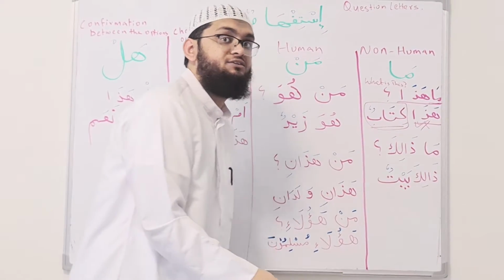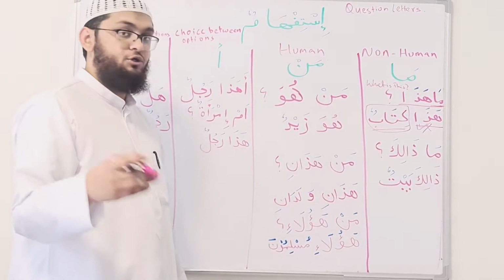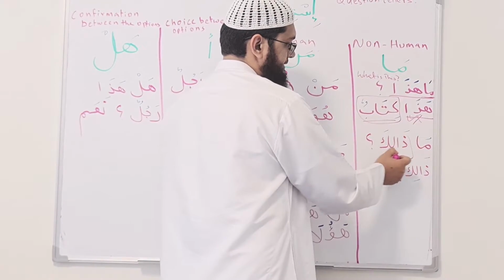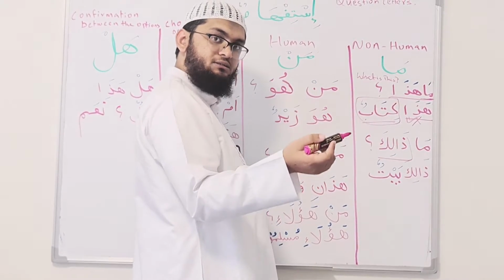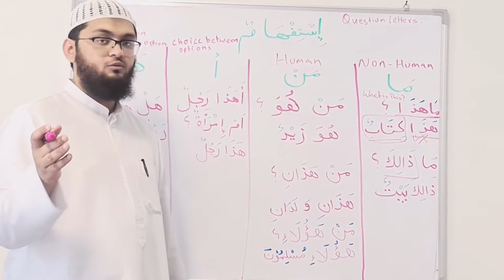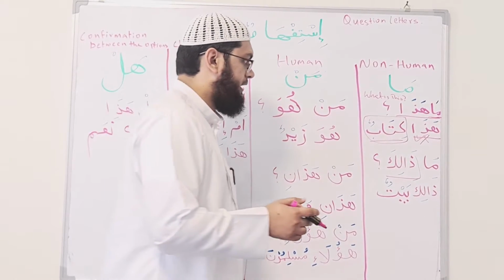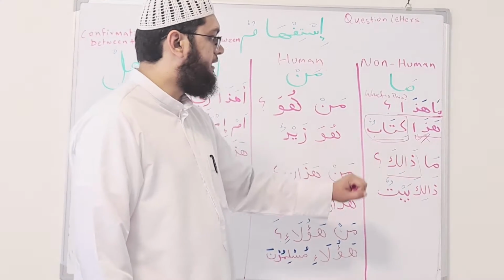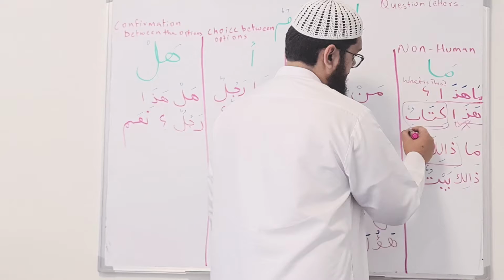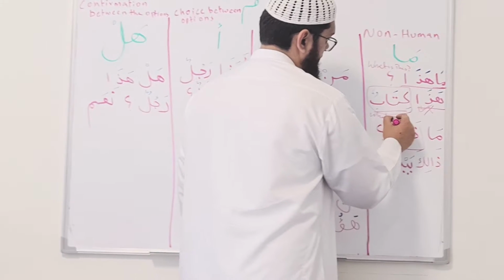But let's say something that's far from you and that's non-human. So how will you answer? Same thing, you just need to change the ism ishara, as we discussed how many ism isharas there are in our Nahu course. Then we have now ma dhalika. What is that? That means it's something that is far.